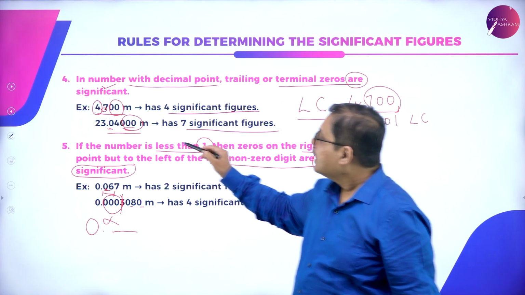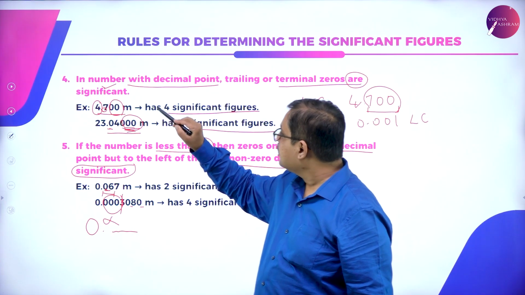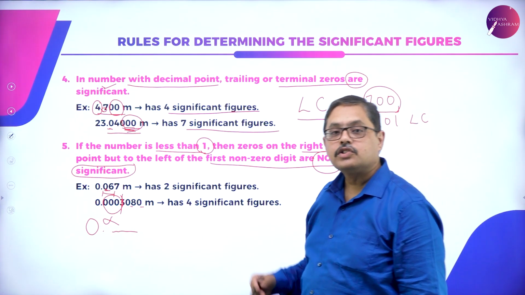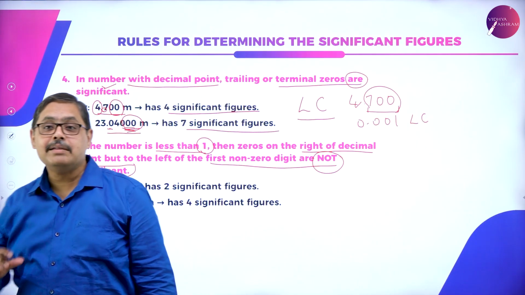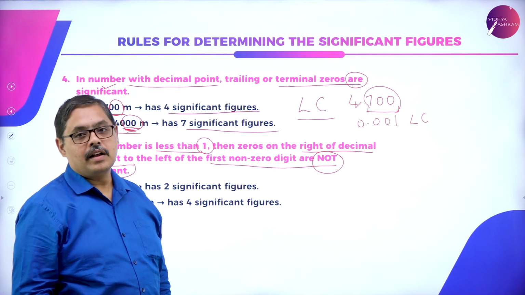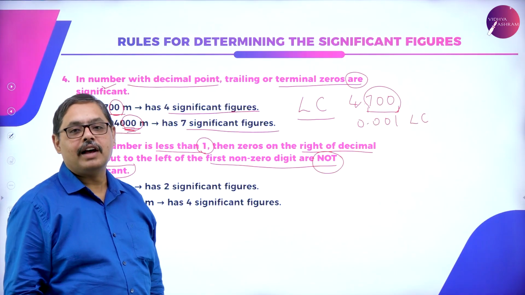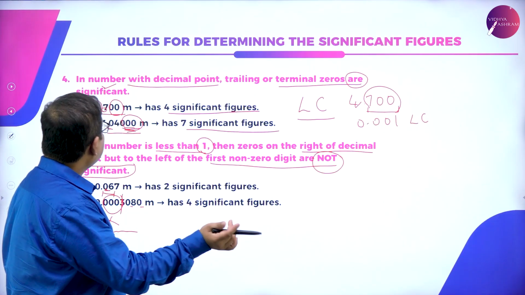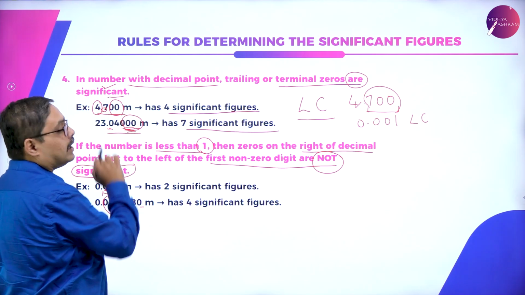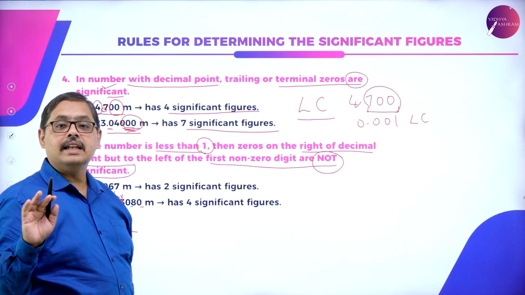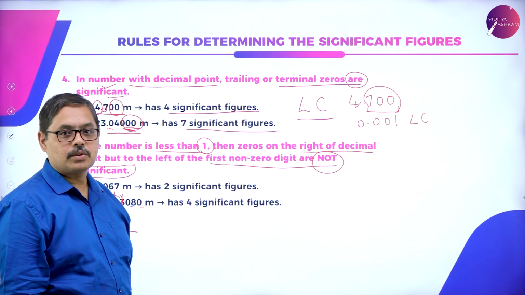That is why the terminal zeros are significant here for a number with a decimal point. So you can also understand the importance of significant figures. For a number greater than 1 which has a decimal value, the terminal zeros are significant because they represent the least count of that measuring instrument.